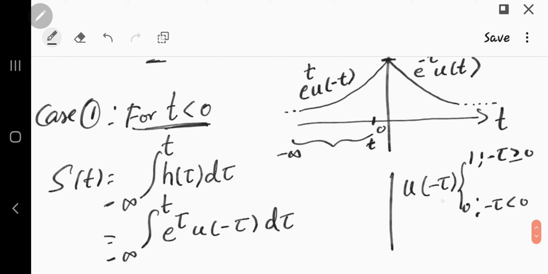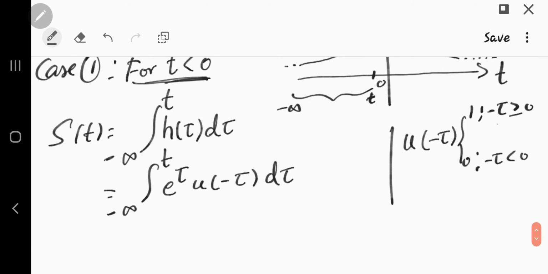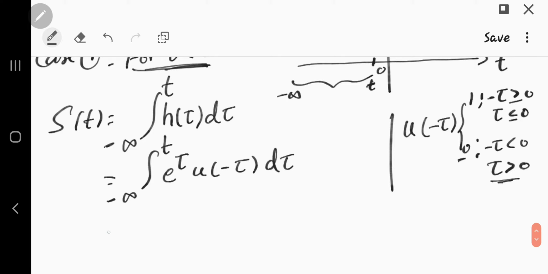If you simplify this, you will get the limit tau less than 0, tau greater than 0. So now for tau greater than 0, u of minus tau will be 0, and u of minus tau will be 1 for values of tau which are less than 0. So that gives us the integral from minus infinity to t of e to the power of tau d tau.